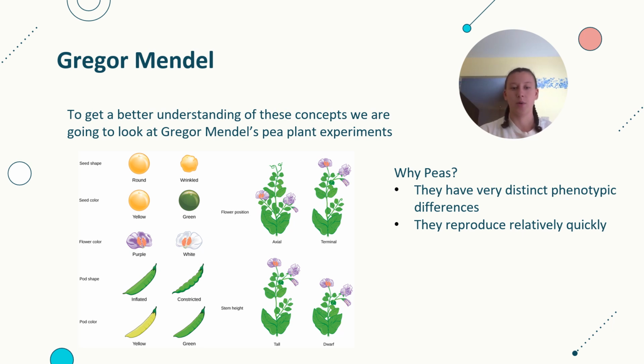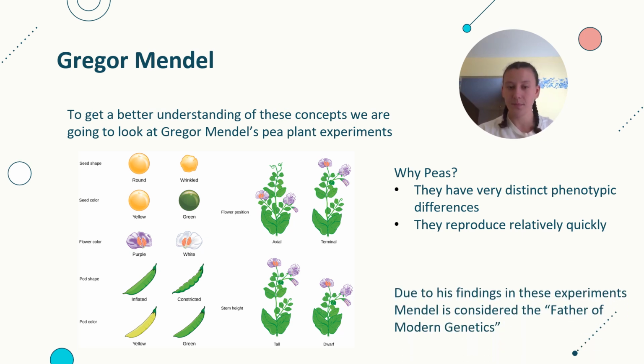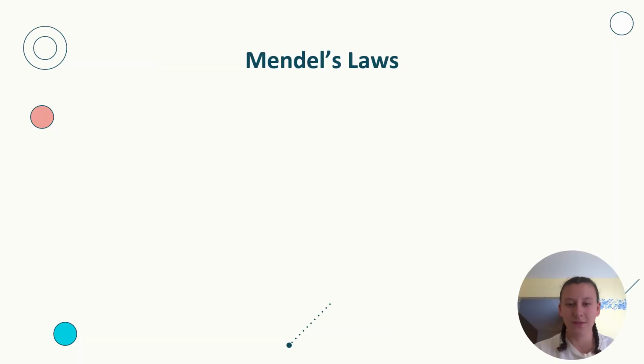Green versus yellow, purple versus white, the round versus wrinkled, flower position, height, very clear, stark differences depending on what the genotype is corresponding to the phenotype, and they reproduce relatively quickly, so he could study multiple generations over just one season, which you will see the importance of as we continue on with these lessons, when we get to multi-generations, which we will start working on later. And then due to these findings, Mendel is considered the father of modern genetics. So just a fun little piece of information.